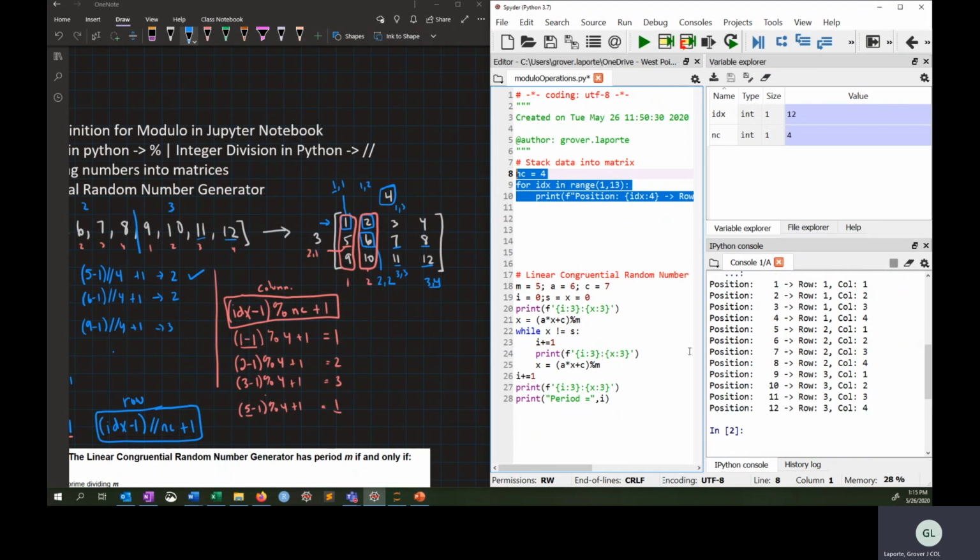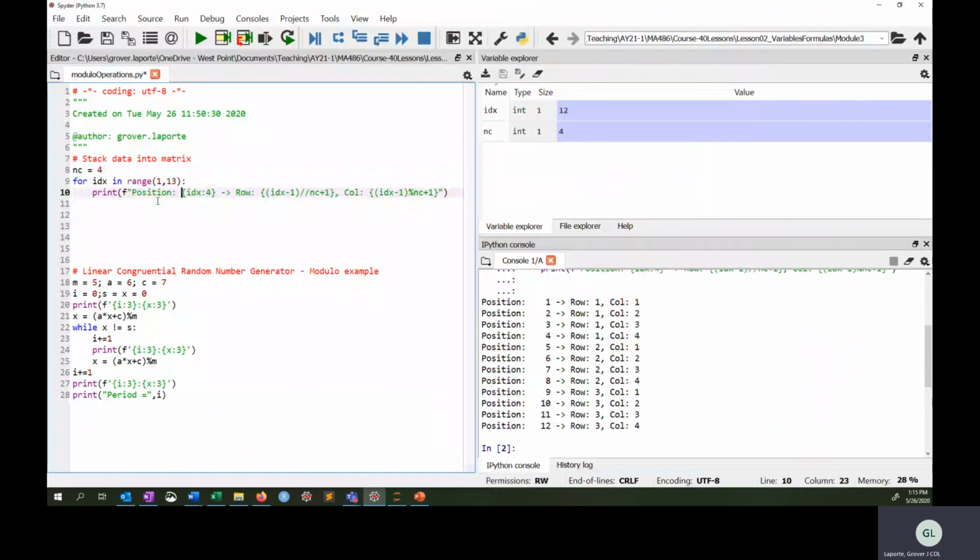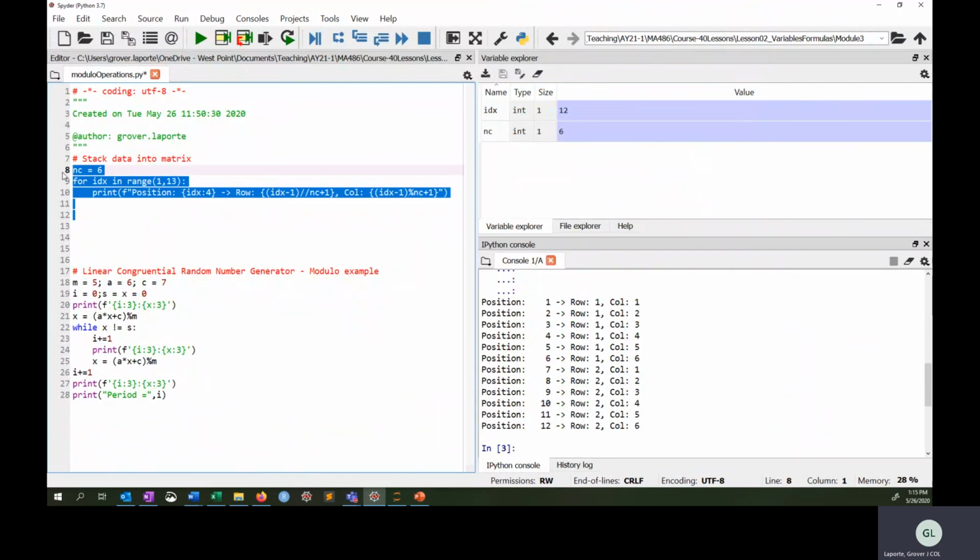And we see that it's doing what we expect it to do. The neat thing is, if you're good about how you program, you can change this to a 6 and then redo it. Then it would give you row 1 all the way through 6, and then row 2 all the way to 6 for each one of those individual pieces.